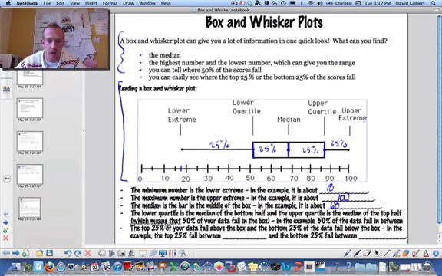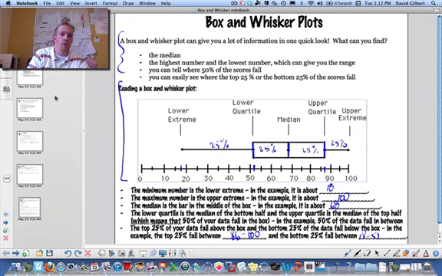The top 25% of your data fall above the box and 25% below. In the example, the top 25% fall between about 86 and 100. And the bottom quarter is about 18 to 51.